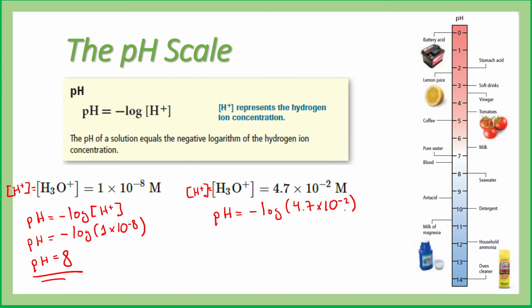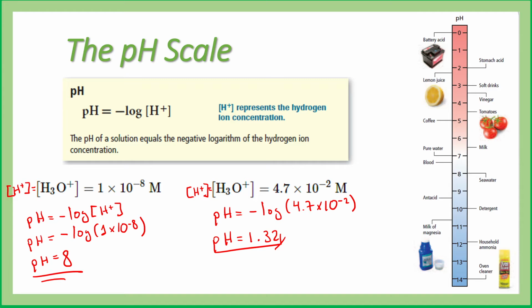Let's do that: 4.7 times 10 to the minus 2, and this is equal to a pH of 1.32. And that's the answer.